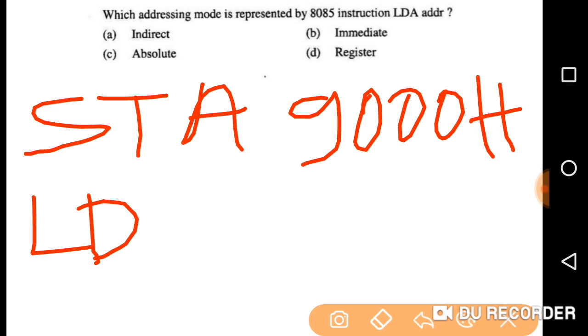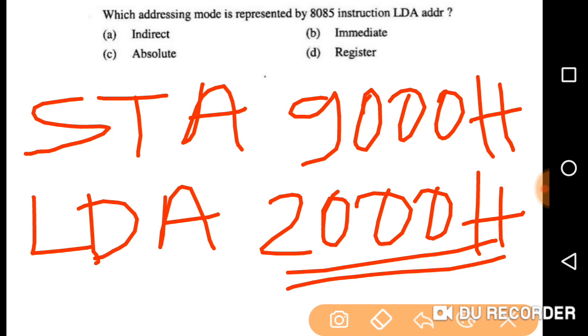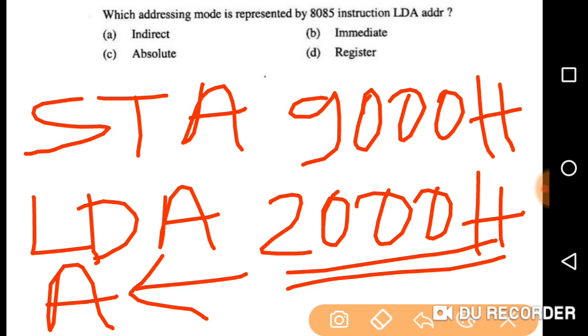LDA, suppose LDA 2000H, means load the content of the accumulator from the memory location 2000H. In that location there is data present. This data will be copied to the accumulator. For LDA, data will be copied to the accumulator; for STA, data will be copied from the accumulator to the memory.